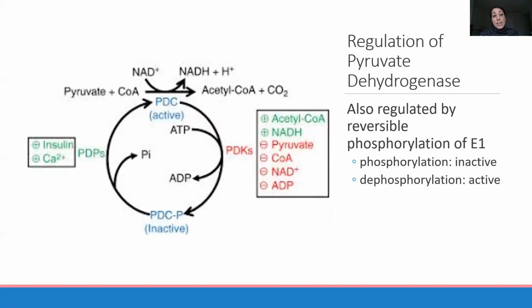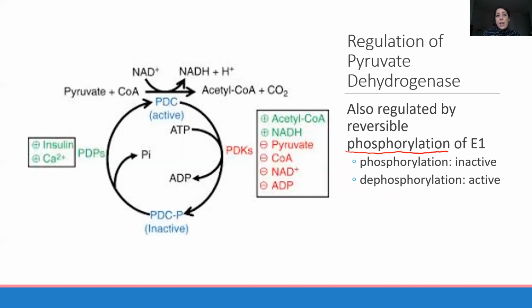Another way that the pyruvate dehydrogenase is regulated is through a type of allosteric regulation, but specifically phosphorylation. Phosphorylation, as mentioned, is a very, very common way to turn on and off enzymes.